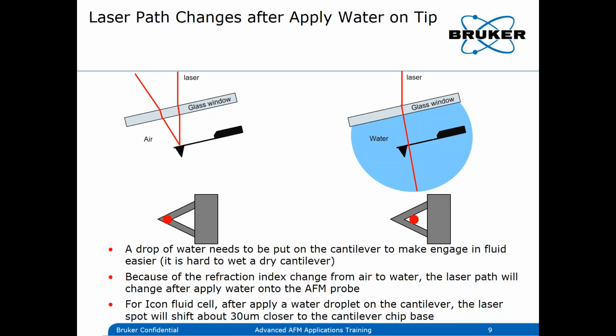And overall, what is good practice for measuring in liquids, and this will be repeated a couple of times, is that a drop of water needs to be put on the cantilever to make the engage in fluid easier. It has 2 reasons.